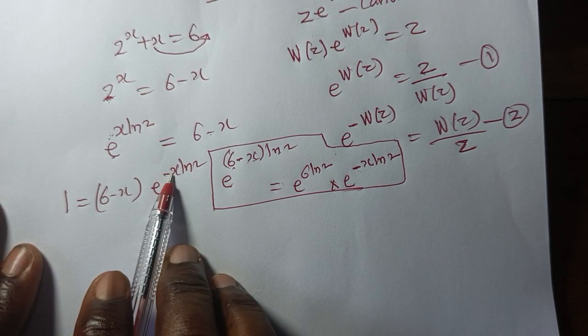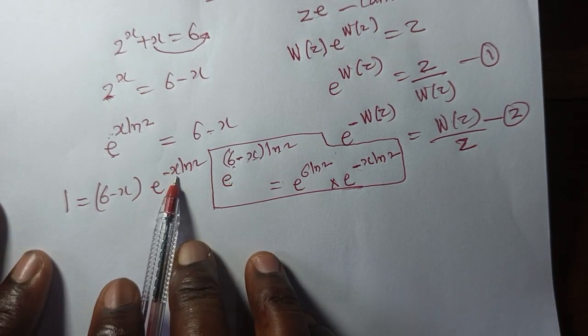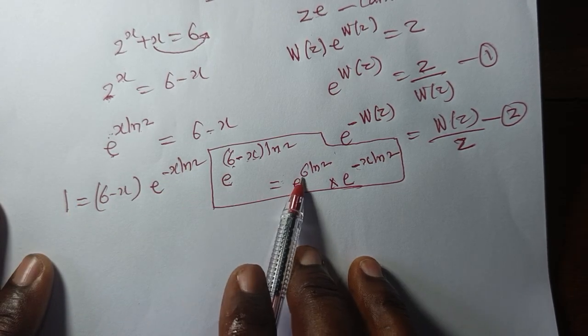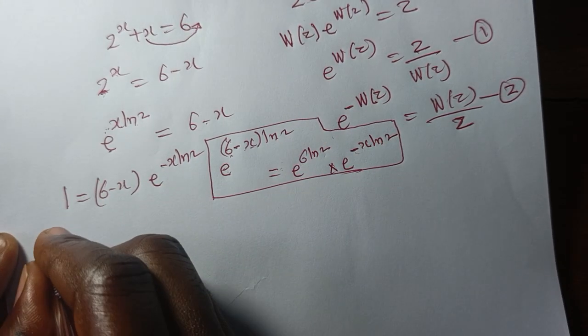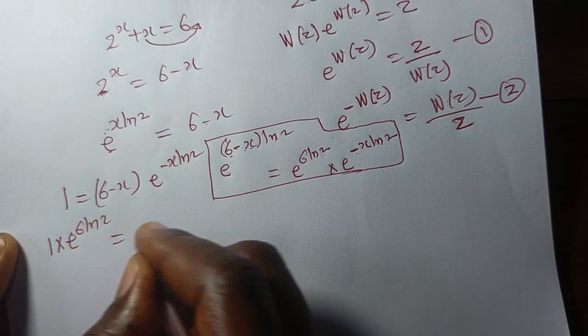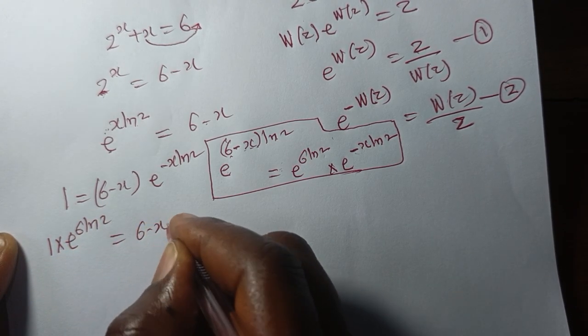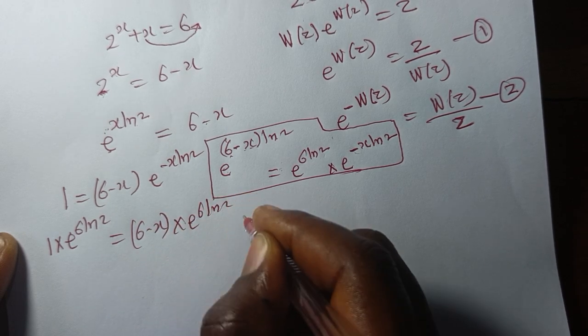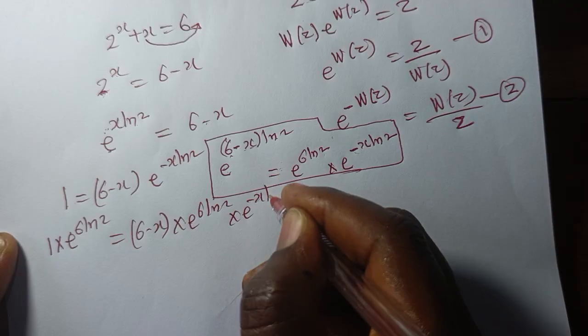So we are able to obtain the negative value. Now we can multiply both sides of the equation by e raised to power 6 ln 2. So we have 1 times e raised to power 6 ln 2 equals 6 minus s times e raised to power 6 ln 2 times e raised to power minus s ln 2.